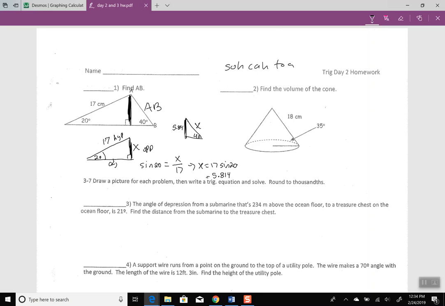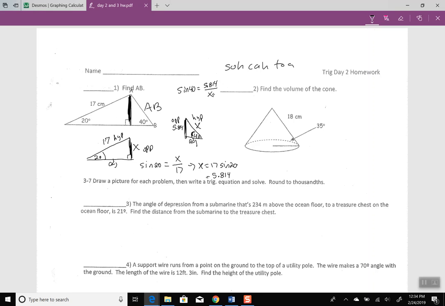So if I want to solve for this side, here's your angle. Opposite the 90 is the hypotenuse. It touches the adjacent side. This is the opposite. So again, I'm going to have a sine operation. So sine of 40 degrees is going to be opposite, so the first letter, opposite, over the hypotenuse.